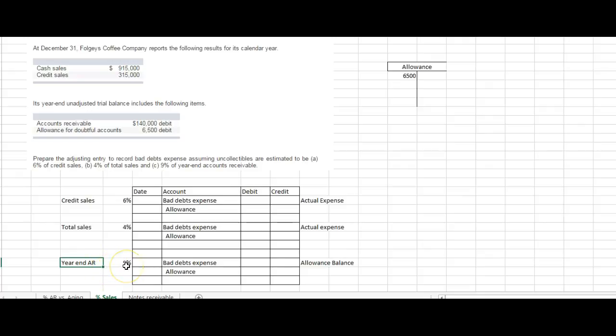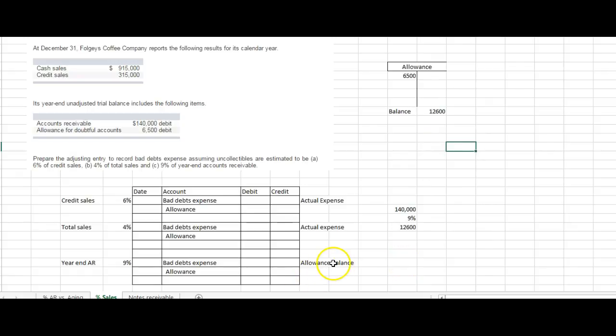So I'm going to take 9% of this $140,000. And what this is going to give me is what the allowance balance should be. The allowance balance here should be $12,600, sorry.